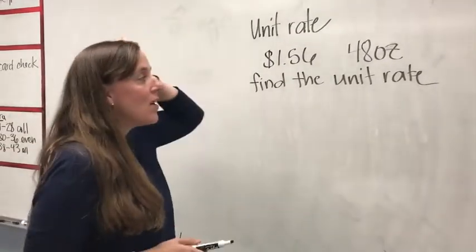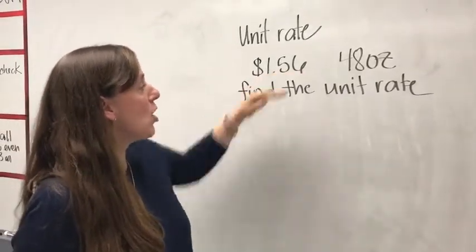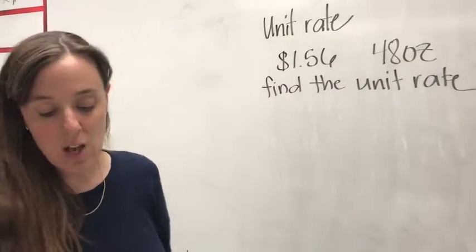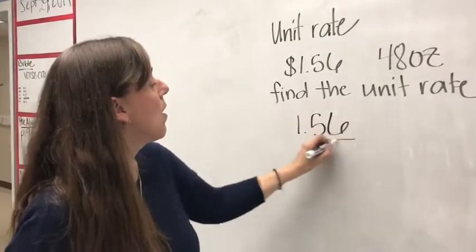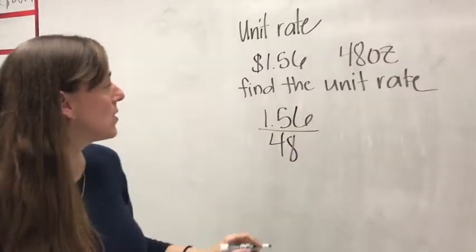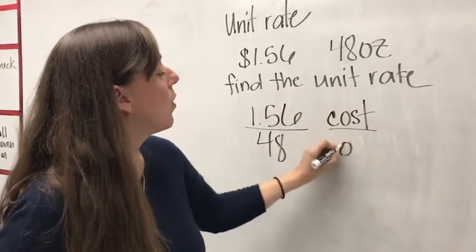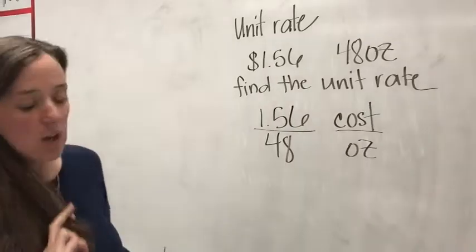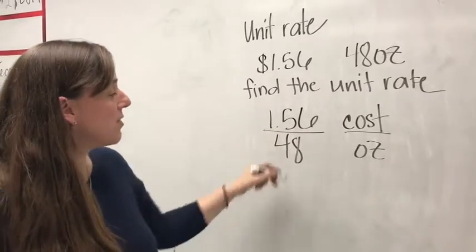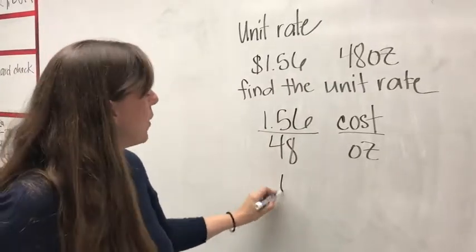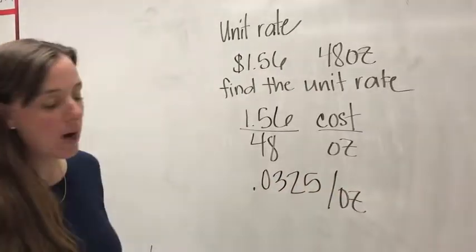I used my calculator, but this is real world math that you will use many, many times in your life, okay? So to find the unit rate for the grapefruit juice that costs $1.56 for 48 ounces, you're going to divide the total by the number of ounces. So it's cost over ounces. So when we divide 1.56 by 48, we're going to get 0.0325 cents per ounce.